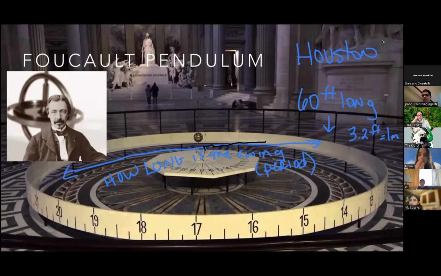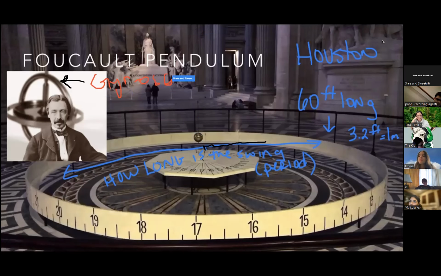But in general, yeah, if you just had a string, it would not keep swinging. However, this one here swings. Now the one in Houston is 60 feet long. So how long does it take for one period of the Houston museum's pendulum to swing there and back one time?